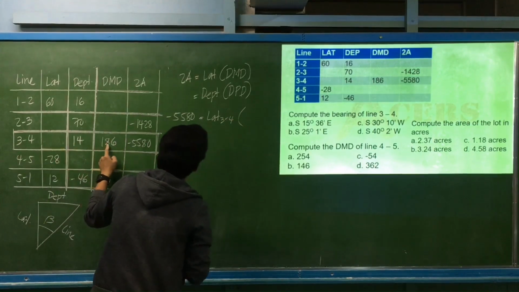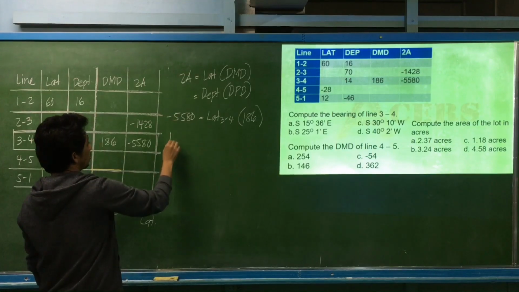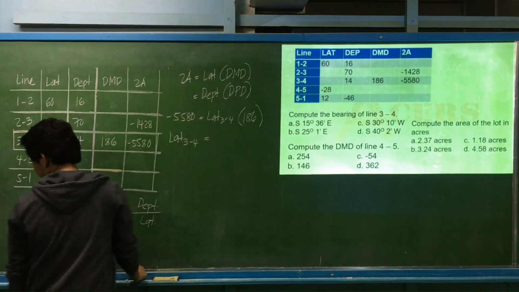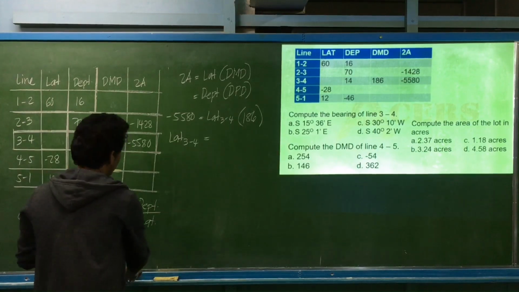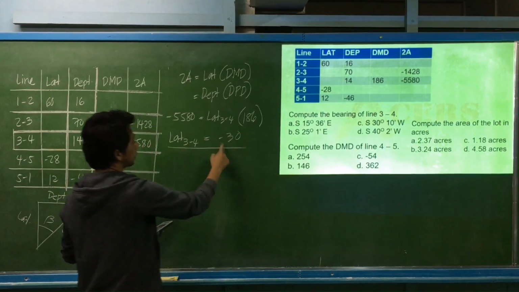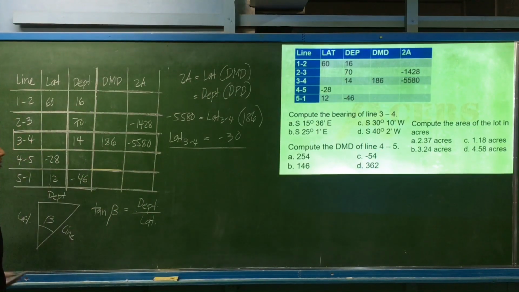What is the given DMD here? We have 186. Obviously this is negative. So the latitude of line 3-4 is 5,580 divided by 186, equal to negative 30. What does negative 30 mean? A negative latitude is towards the south.